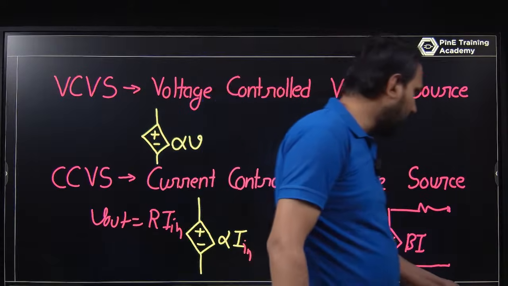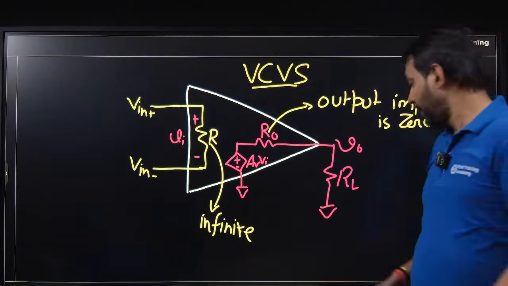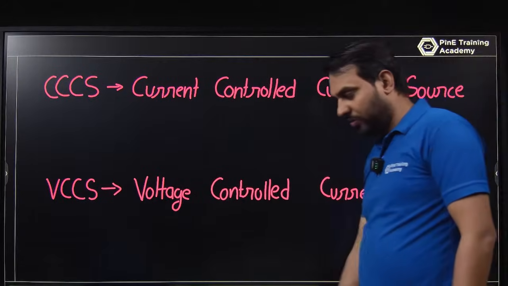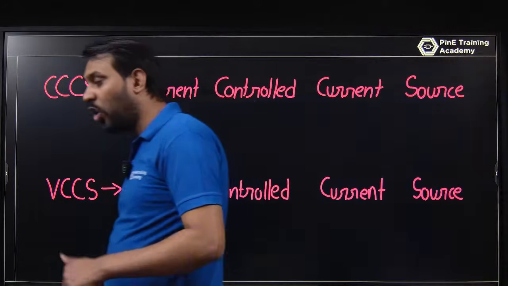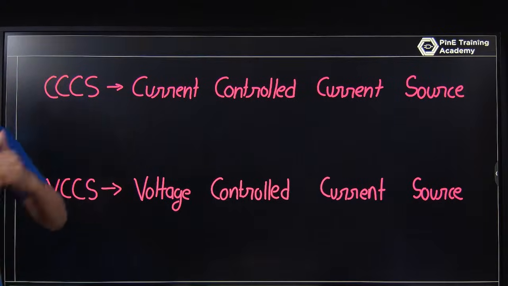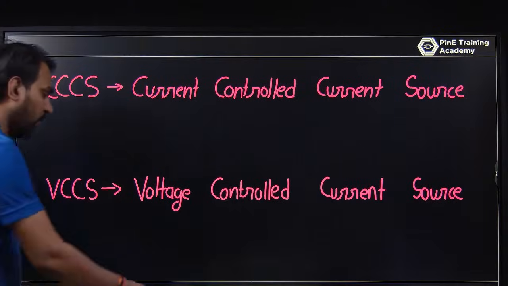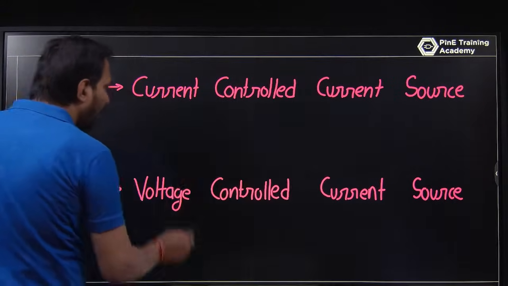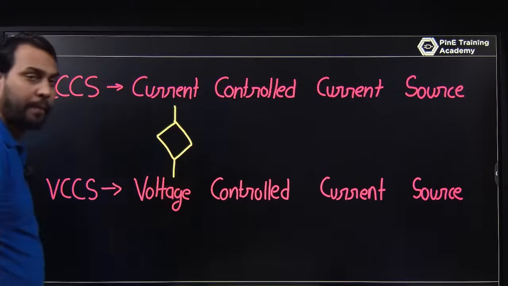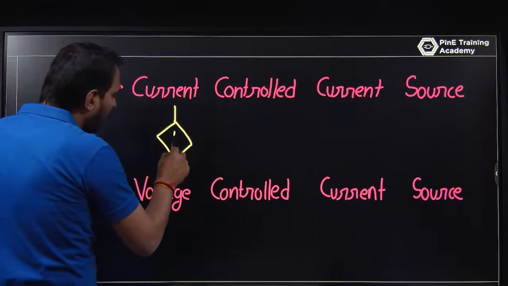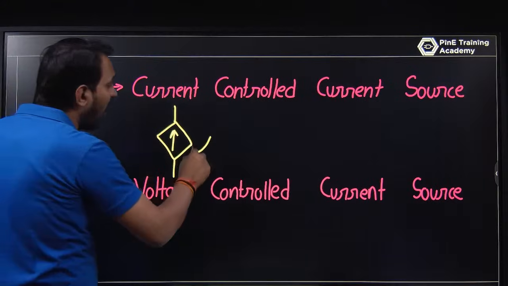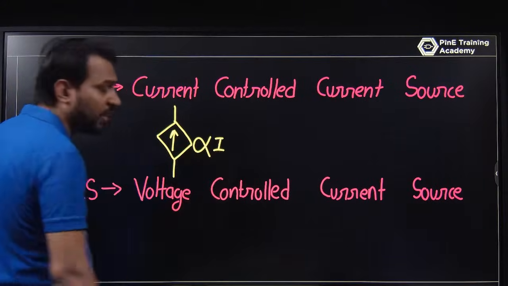Okay, now let's talk about the current controlled current source. The current controlled current source means what? You are controlling the current and the source is also current. So this is also a diamond shape, and this source is current and it is controlled by current too.